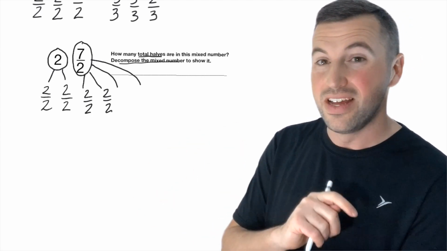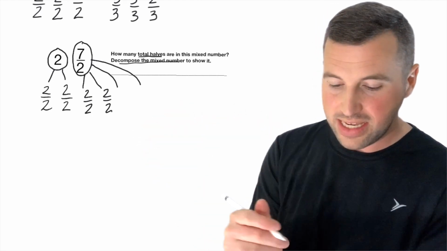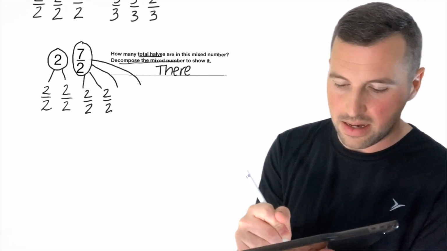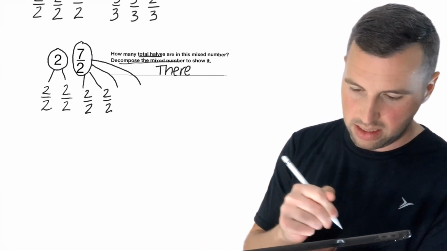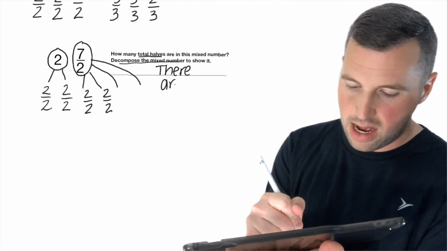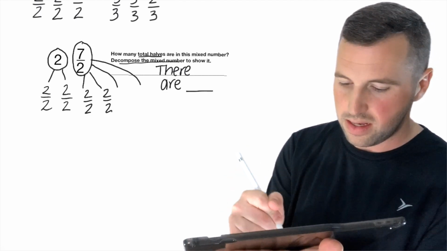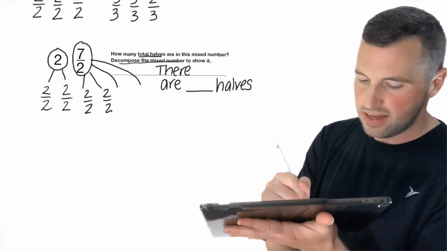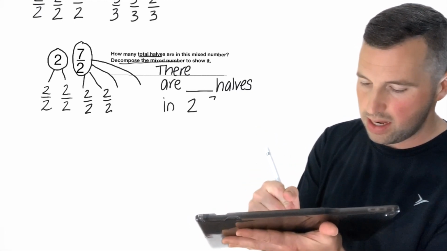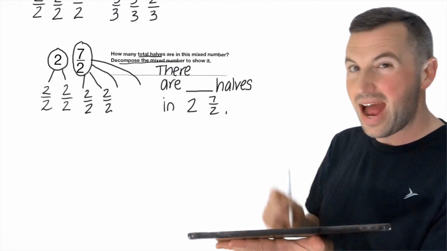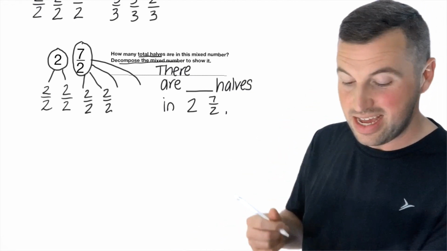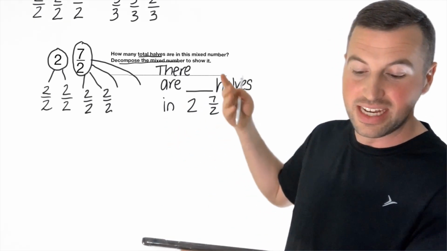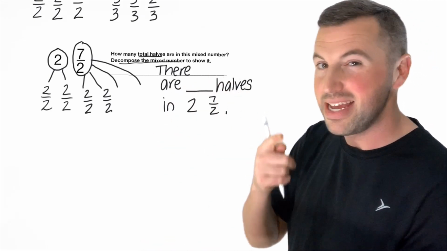So we're going to have one final sentence saying there are, that's a little sloppy, there are, and you can write halves in 2 and 7 halves. So I want to know, how many halves are there really? Once you figure that out, count them all up. So 2 halves, 4 halves, 6 halves, and so on. How many halves are there?